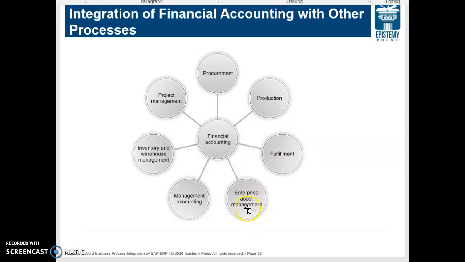Asset management: our assets cost money and they depreciate. Management accounting: we use information from financial accounting to make managerial decisions. Inventory and warehouse management: we need that to be able to figure out how much things are costing us. Project management: we need equipment and people, so that involves financial accounting as well.